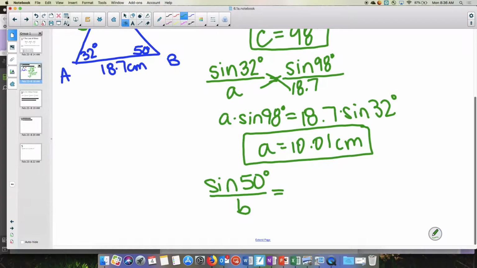So instead of using a rounded answer, let's go back and once again choose the set of C's to set this equal to, and then we won't have any rounding errors. Okay, now you can continue calculating this, cross multiply. So you're taking 18.7 times the sine of 50 degrees and dividing it by the sine of 98 degrees.